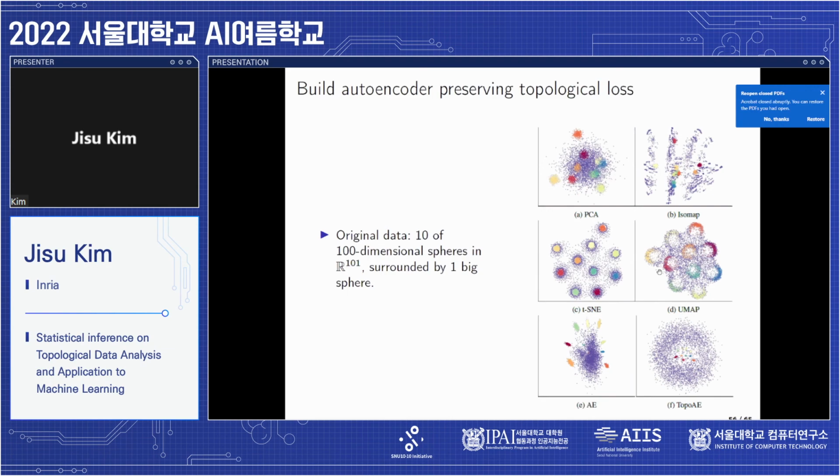All the other dimension reduction methods don't really represent this kind of information, that one big sphere is containing the others. But when you add a topological loss term, this global topological structure is more or less preserved in the representation space as well.